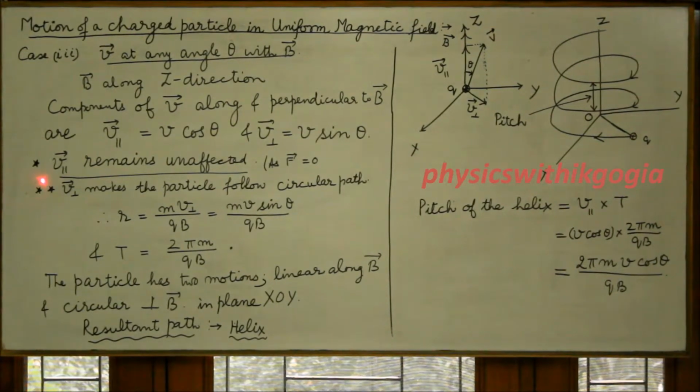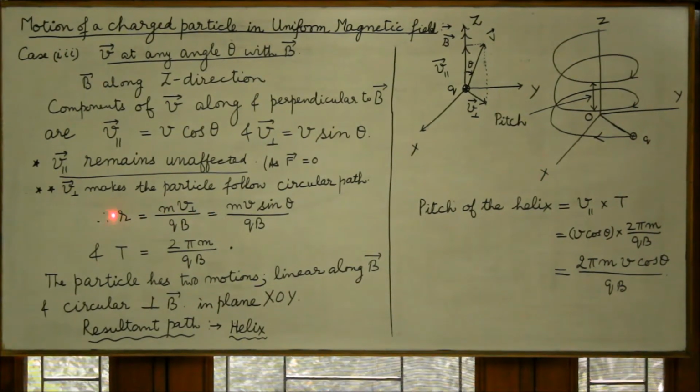Now see here, V parallel, that is, this is moving along the direction of the magnetic field. So V parallel remains unaffected because the force in this direction is 0. Therefore this component V parallel remains unaffected.